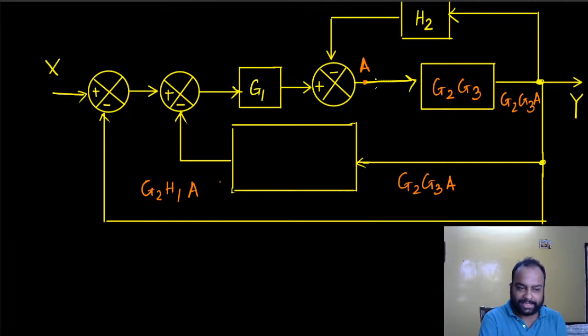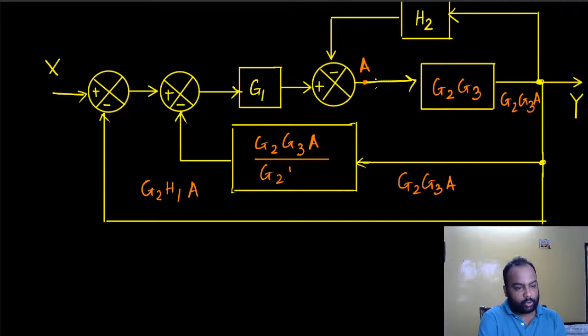So what should be the system? The system's transfer function must be the ratio of the input to the output. It's going to be G2 G3A divided by G2 H1A. You can cancel out the common terms: A can cancel out, G2 can cancel out. You essentially have G3 by H1.